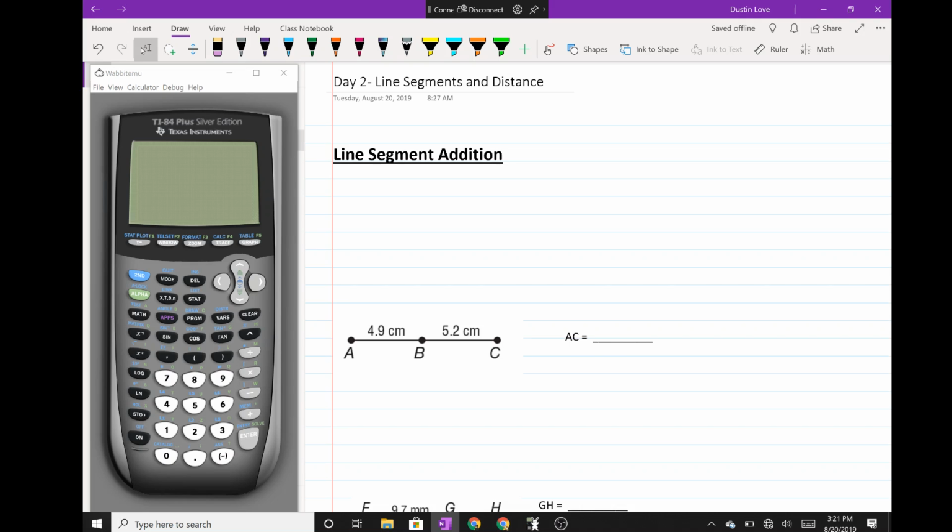Also, lines, geometrically, they extend on and on in both directions. That doesn't really exist in reality. There's nothing that actually extends both directions forever. The closest we have to that is like a ray of light, but even then it doesn't go both directions, okay?